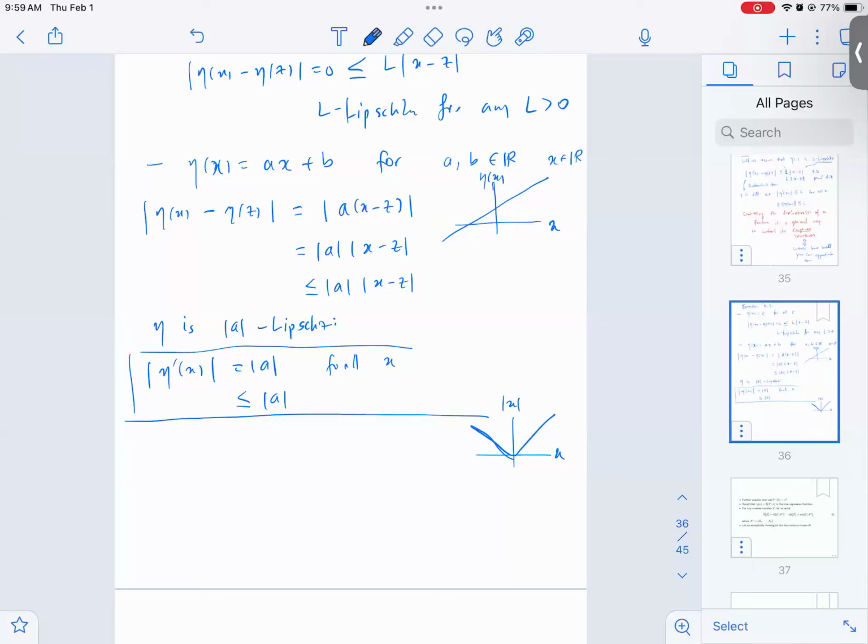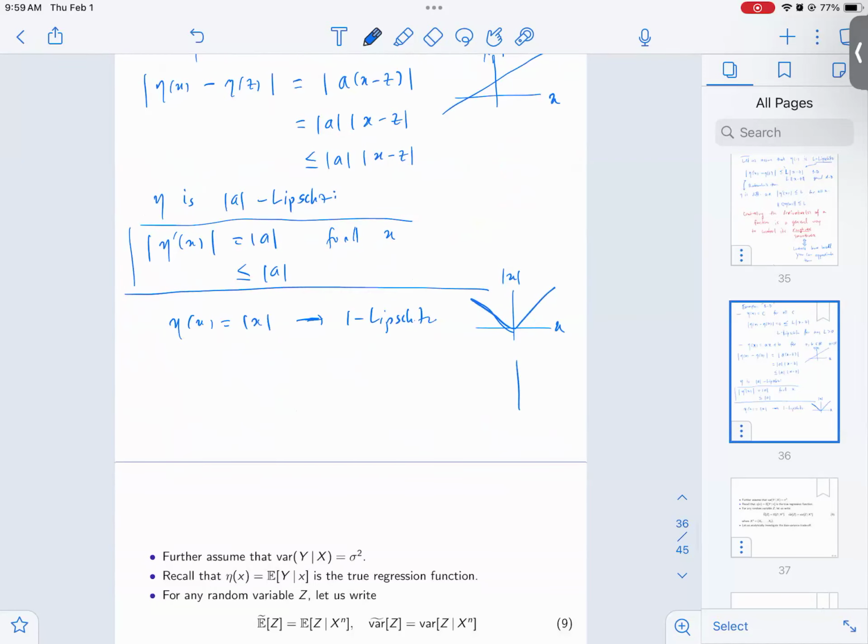So this is almost everywhere differentiable, except that point. A finite number of points is fine, countable any number. Almost everywhere differentiable, derivative is either 1 or -1. So that is bounded. It's really 1 Lipschitz. Eta of X equals absolute value of X is 1 Lipschitz.